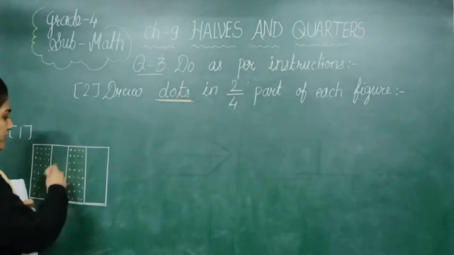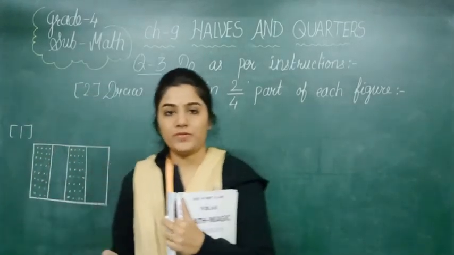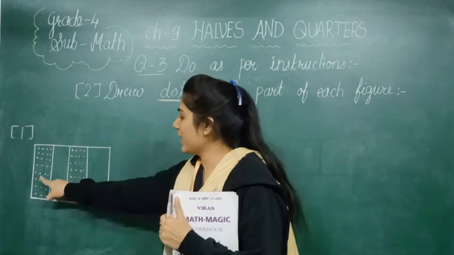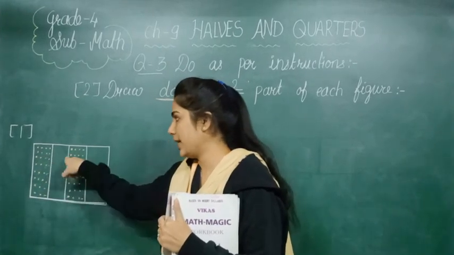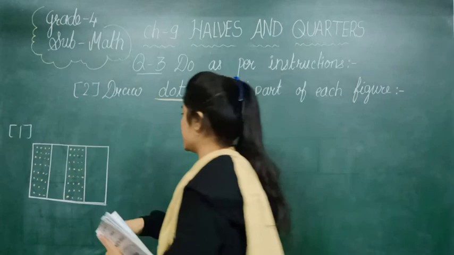We can say that this figure denotes the 2/4 fraction, because out of 4 we have made the dots in 2 parts, 1 and 2. Now let's see the second figure.